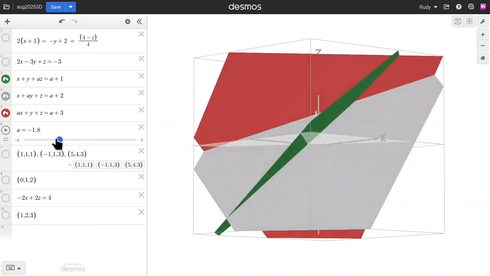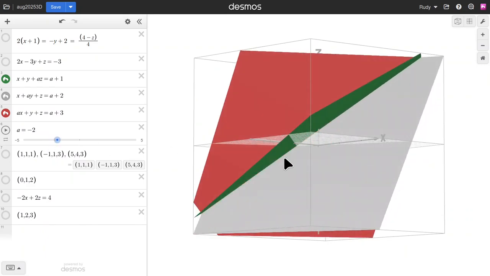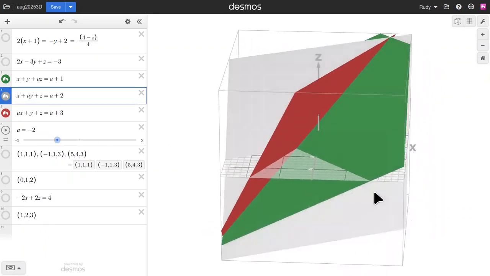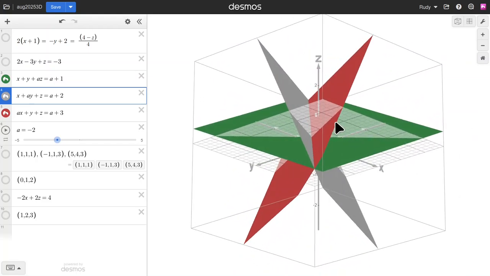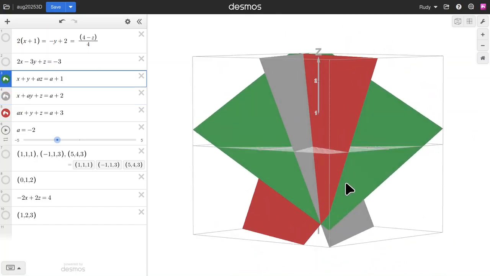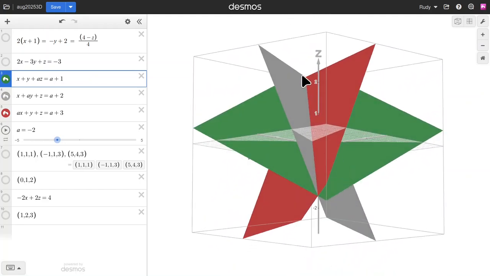If I go to a is minus 2, you can see here that the three planes, red, gray and green, intersect at a line, just one line. So a line as intersection has infinitely many points, so infinitely many solutions.